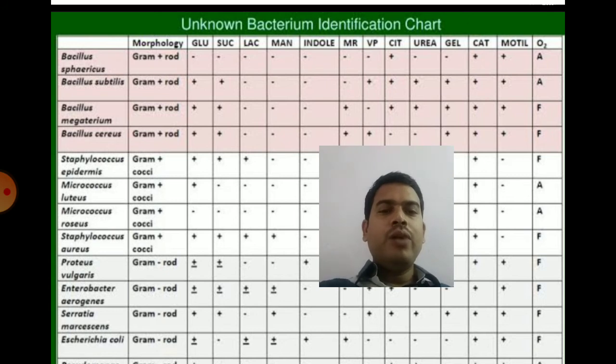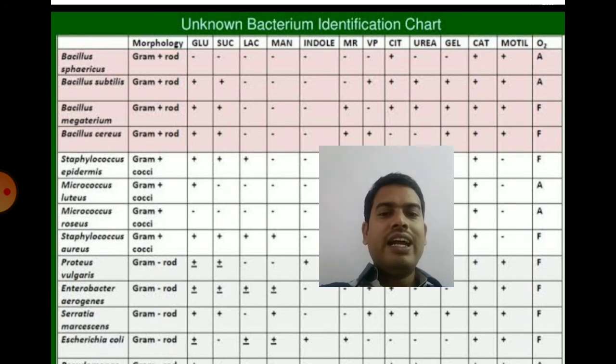So you can identify the morphology and also the shape of the bacteria by gram staining. After identification of morphology, you can perform the biochemical tests like glucose utilization, sucrose utilization, lactose utilization, mannose utilization, indole test, methyl red test, VP means Voges-Proskauer test, citrate utilization test, urea test, gelatinase test, catalase test, motility test, and oxygen requirement test.